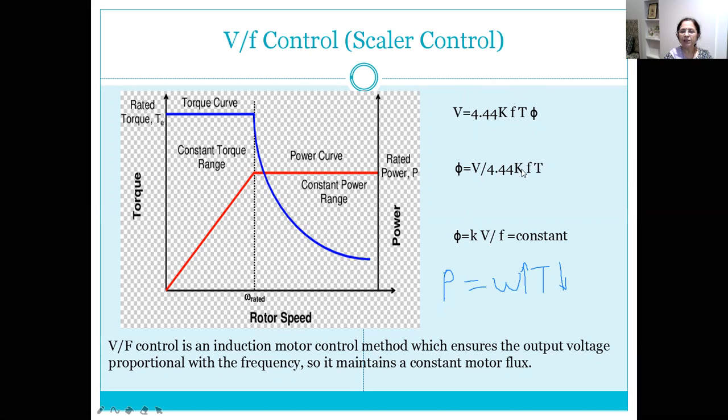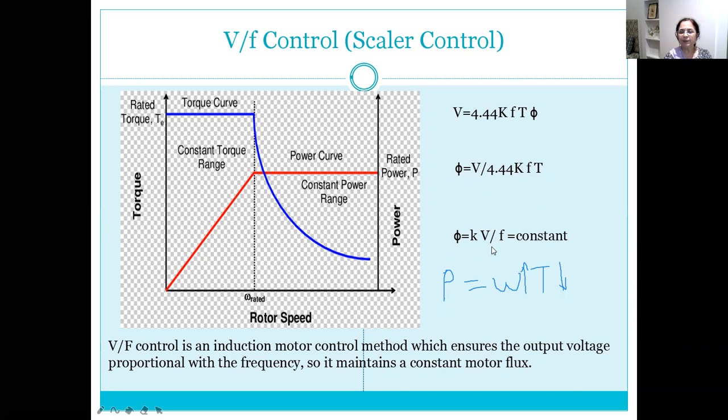So when we rearrange the terms, we can write the expression as flux equal to V divided by 4.44 K f T. T is the number of turns, K is a constant and 4.44 also is a constant. So this can be converted into K into V divided by F.